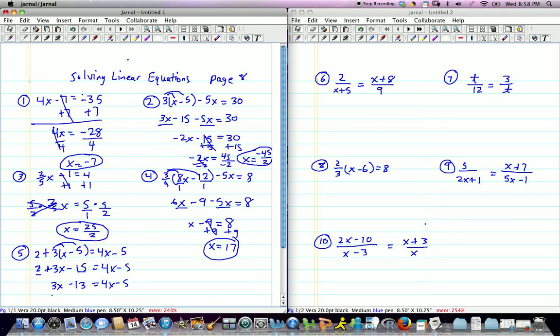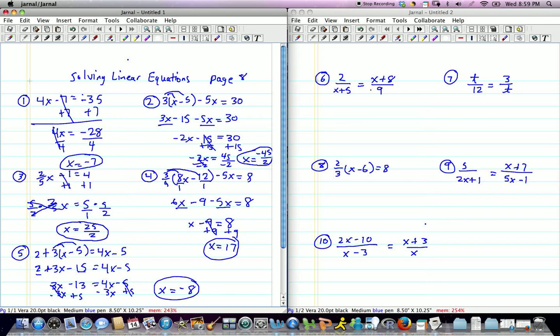I'm now going to move the 3x over by subtracting. And when I do that, the x's are over here, so I'm going to move the 5 over to the other side to get rid of that. And when I do that, I'm going to get 4x minus 3x is just x, and then I'm going to have negative 13 plus 5 is going to give me negative 8, which is going to be my final answer.